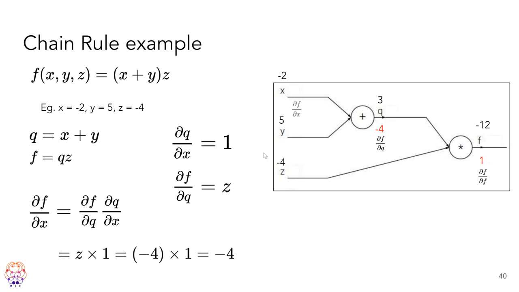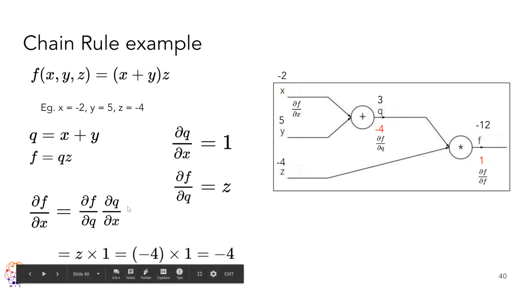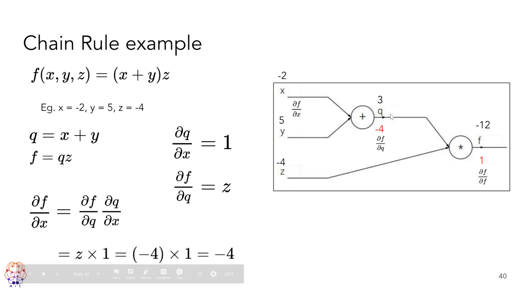And then if we want f with respect to x, it's also -4 because we have computed this. So basically, as you can see, we multiply backwards, and that concept of multiplying backwards also applies to neural networks.